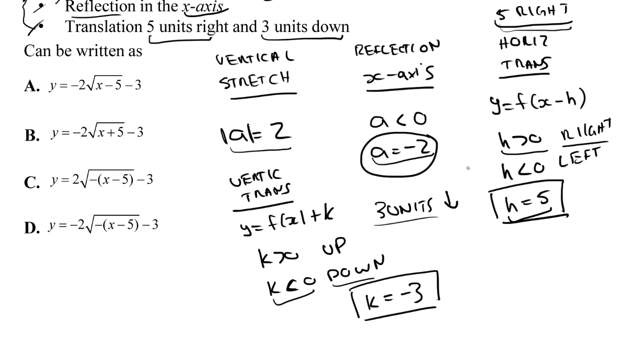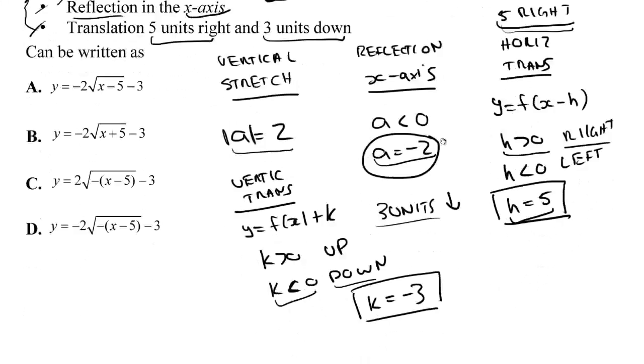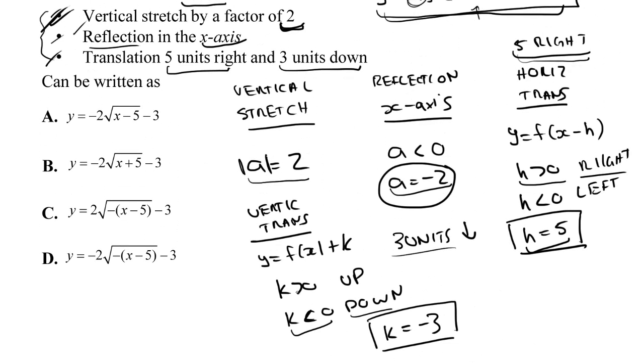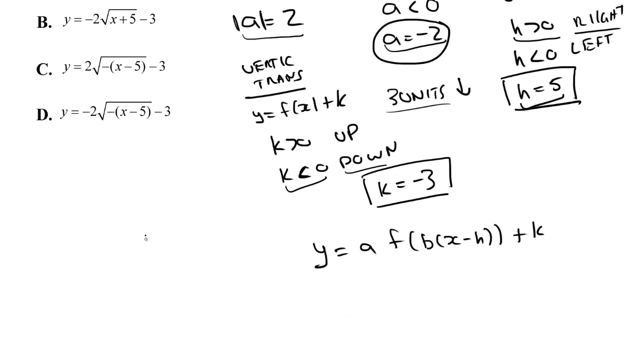So now we can just take these values and plug them into our top formula here, and we'll be rocking. That looks like y equals a f of b times x minus h, plus k. The other thing to remember is the function that we first started off with. That's y equals the square root of x.